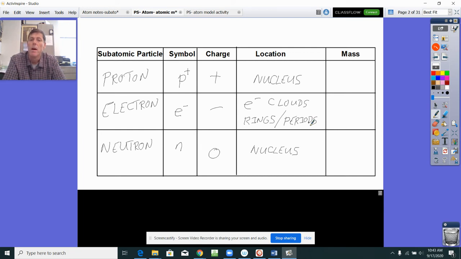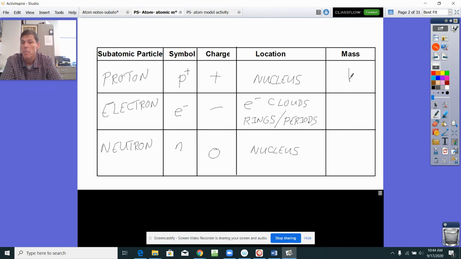Now, because these things make up atoms, and atoms are the foundation of all matter, well, matter has mass. That means atoms have mass. That means the things that make up the atoms have to have mass too. I'm not going to go into the specifics behind what they are. I'm just going to give you the values.